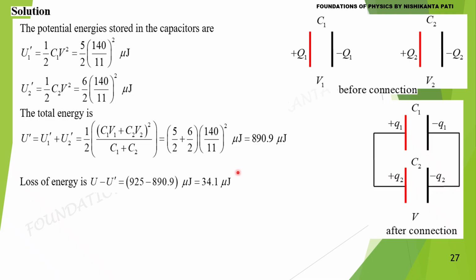Before they were connected, the total energy was 925 microjoule. After they are connected to each other, the energy becomes 890.9 microjoule. So the loss of energy in the process of combination of the two capacitors is 34.1 microjoule.